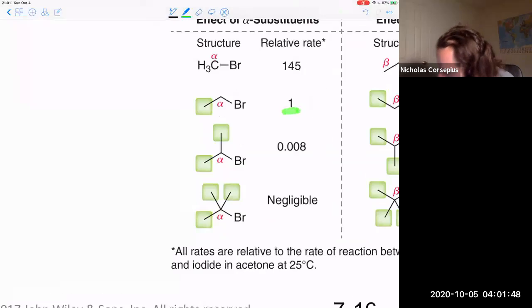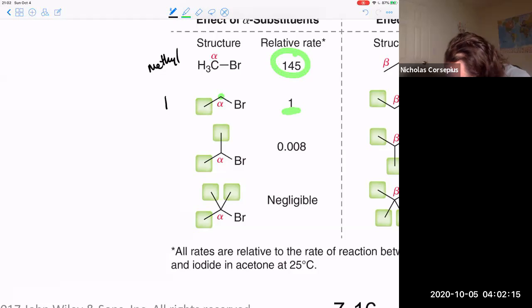We're going to do this all relative to ethyl bromide, or 1-bromoethane. Relative to that, methyl bromide, or bromomethane, is 145 times faster in these SN2 reactions than our primary. So this would be methyl, this is a primary alkyl halide, secondary, tertiary.